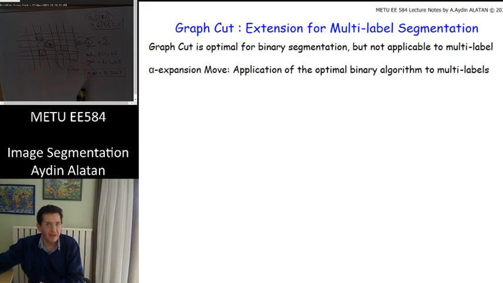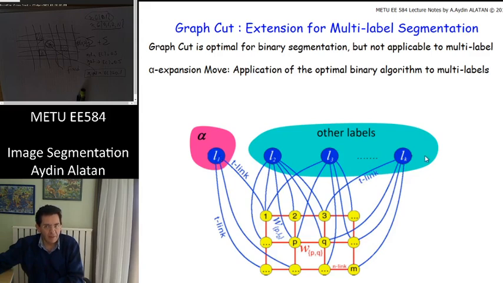Everything was binary. How can you extend it to multi-class? We call it the alpha expansion move, which is nothing but the application of this optimal algorithm to multiple labels. If you have multiple labels, not 2 nodes, you put k nodes, 1, 2, 3.